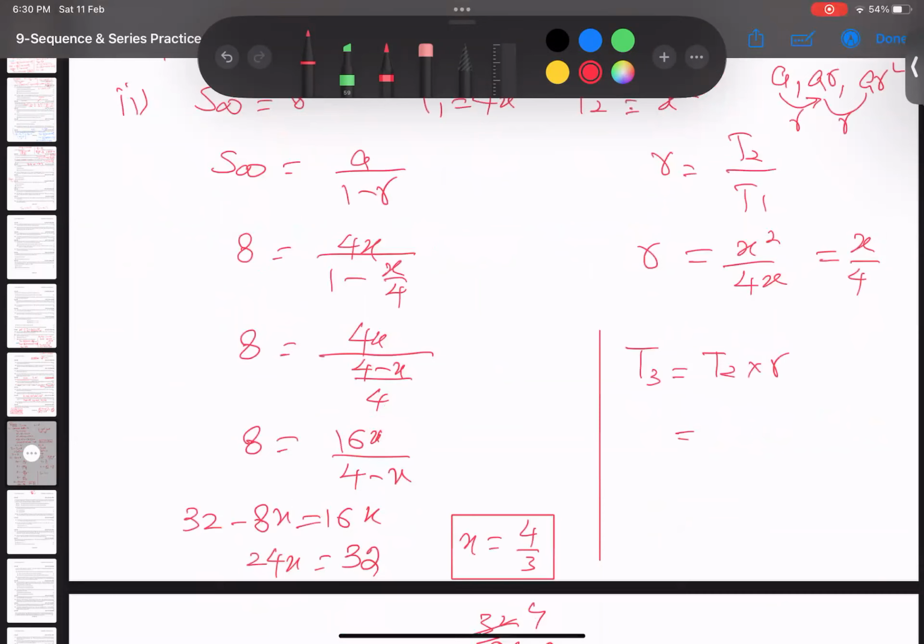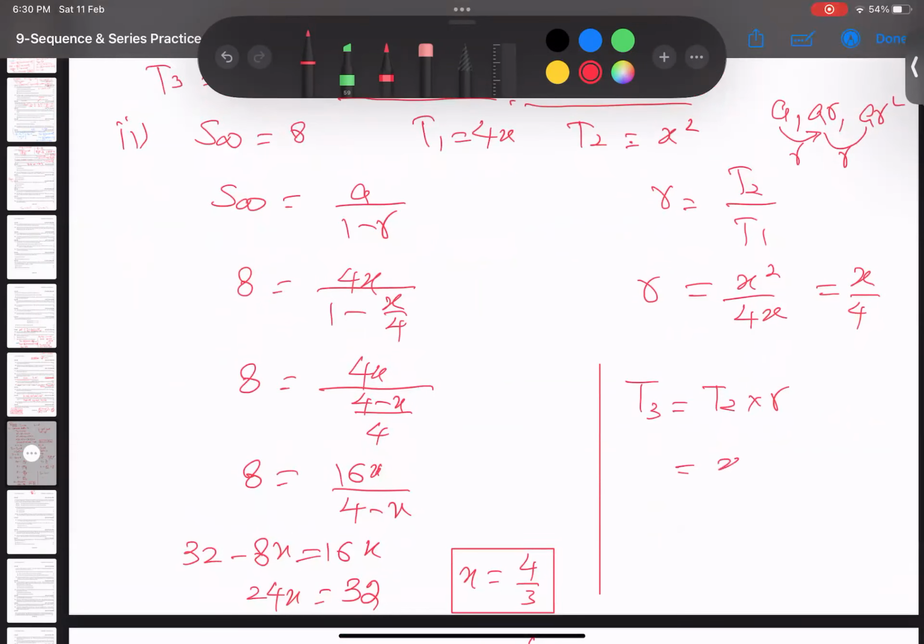T2 is x squared, so 4 over 3 whole squared, times the common ratio x upon 4, which is 1 by 3. The answer is 16 over 27, because 3 squared times 3 gives 27.